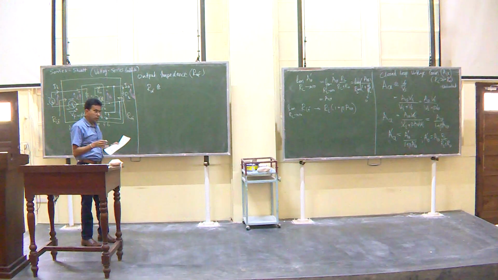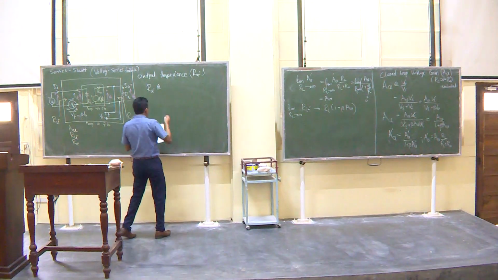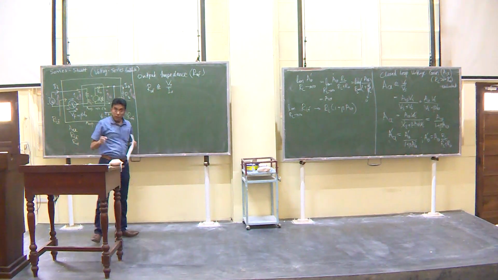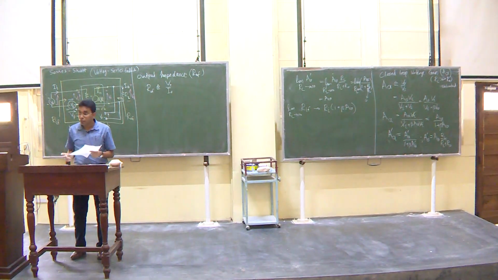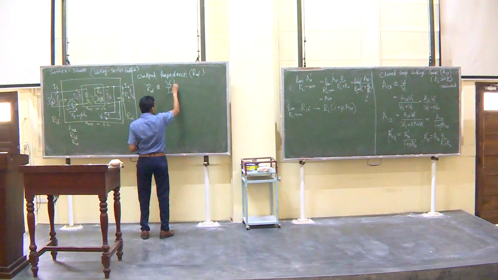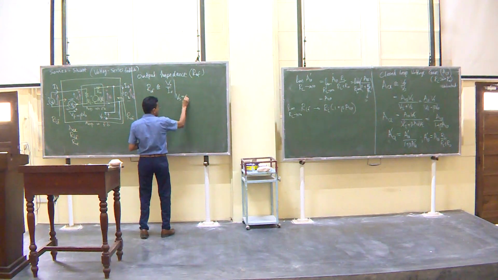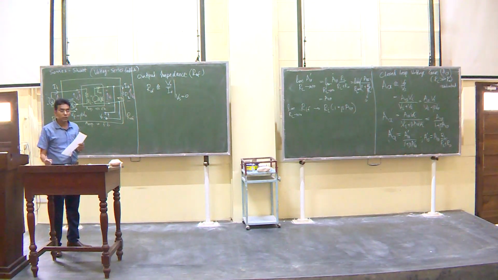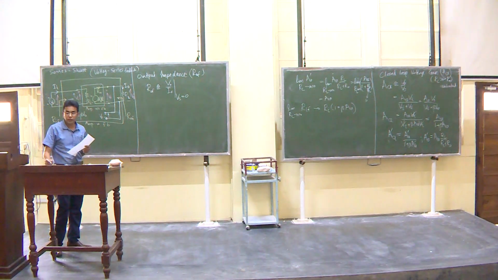Output impedance is V out over I out. If you go back and remember, this is not all of it. This has to be when Vs is equal to 0. Only when it is defined like that.